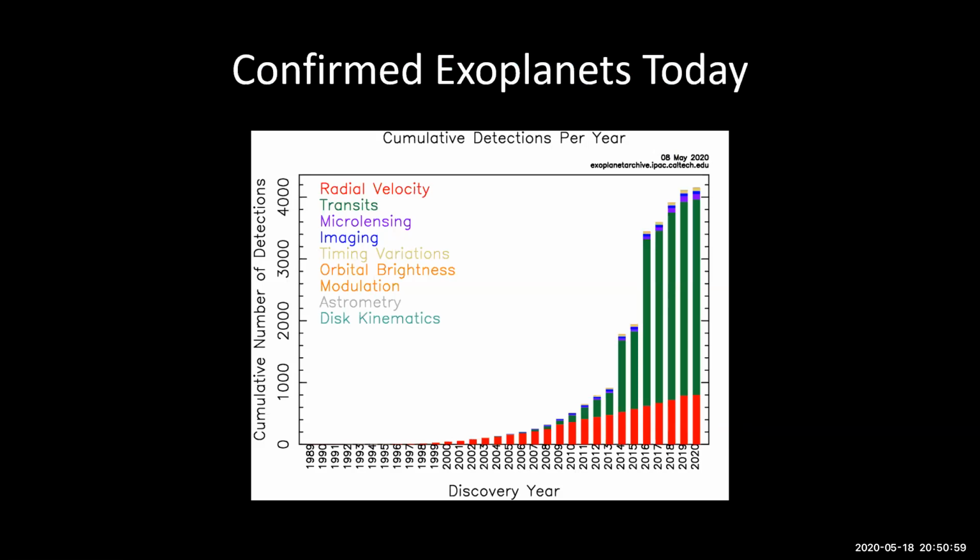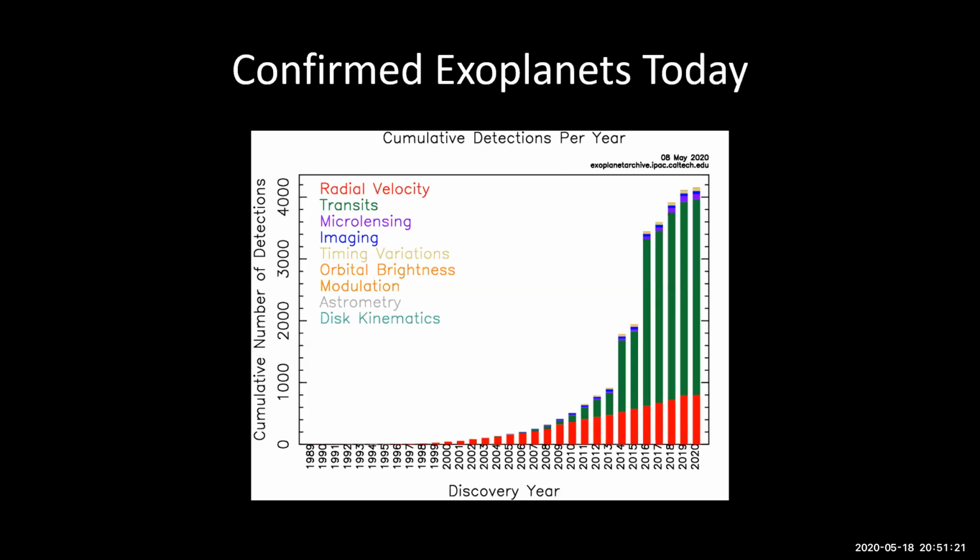Here we have, again, kind of the discovery year of extrasolar planets. You'll see that basically the red radial velocity and the green transits, that's the reliable methods for finding extrasolar planets. The radial velocity came first, but it's still doing a good job.